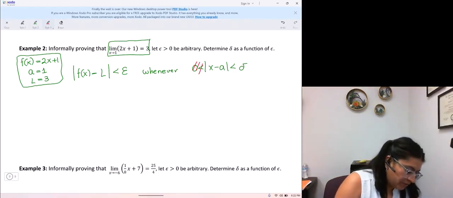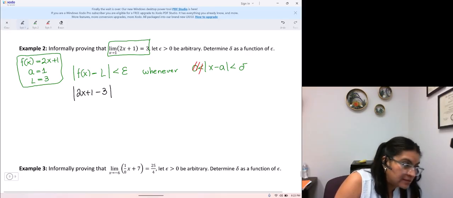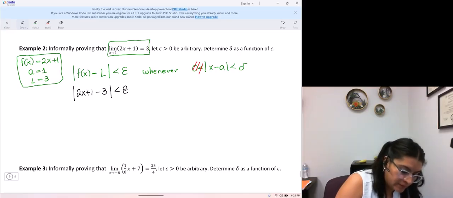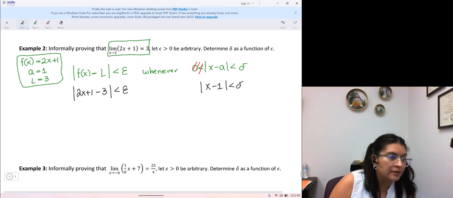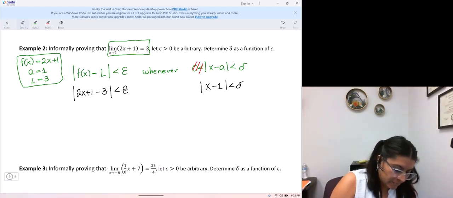So with the information that we have, basically it says the absolute value of 2x plus 1, because that's the function, minus the limit, which is 3, is less than epsilon whenever the absolute value of x minus 1 is less than delta. And so our goal is to find delta.